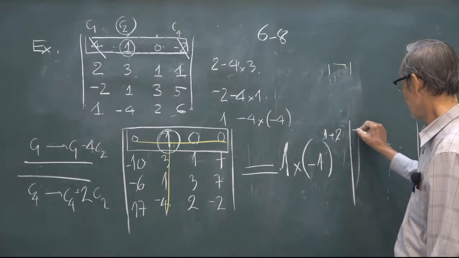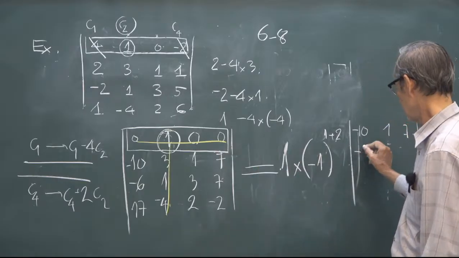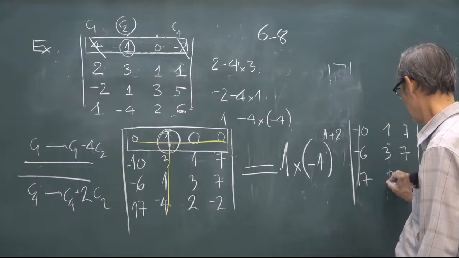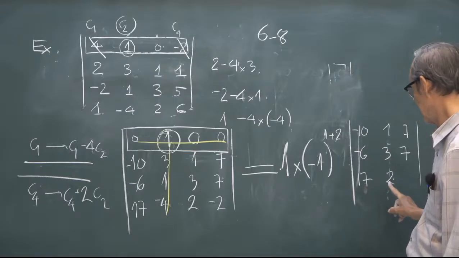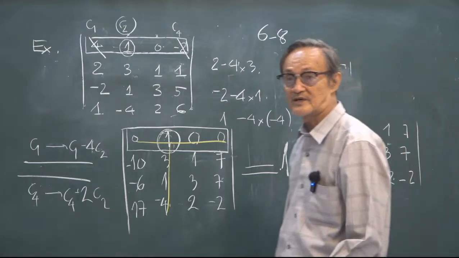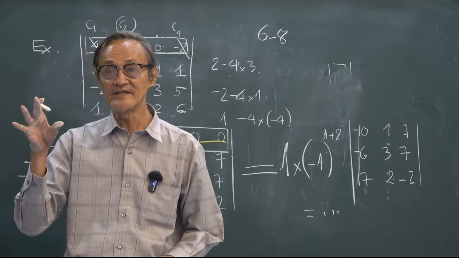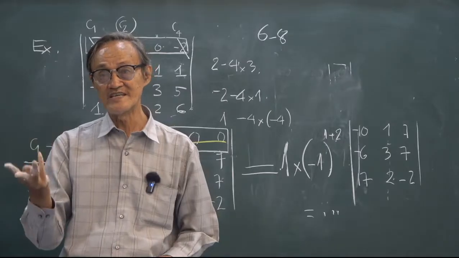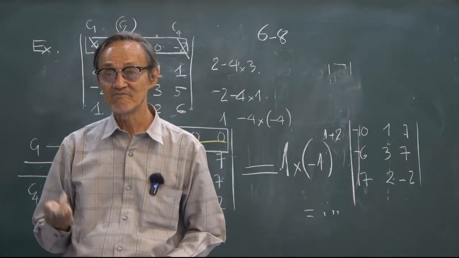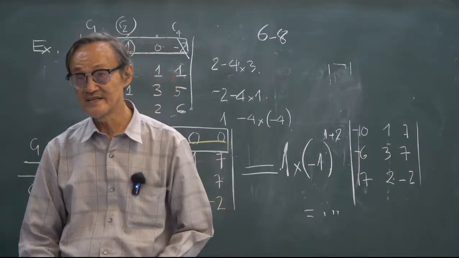We have minus 10, 1, 7, minus 6, 3, 7, 11, 17, 2, minus 2. We reduce the order of the determinant from 4 to 3. One determinant of order 4 becomes one determinant of order 3.